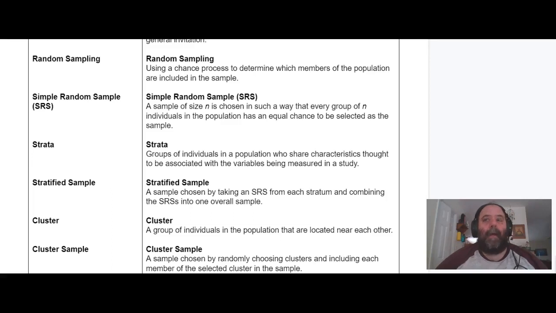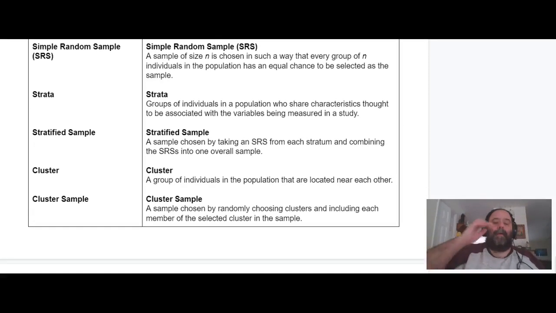Young, adolescents, young adults, middle-aged, elderly. Those age groups are what I would call strata. They're groups in the population who share characteristics thought to be associated with variables being measured in the study. So the groups that I'm creating here share an age bracket, right? So these are my strata.